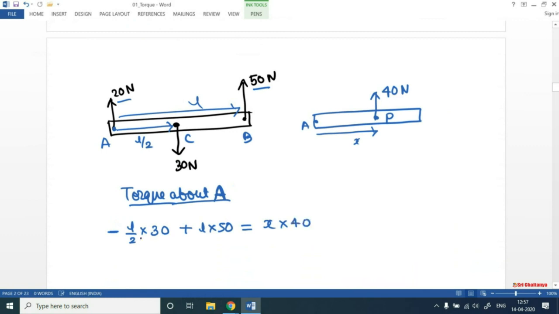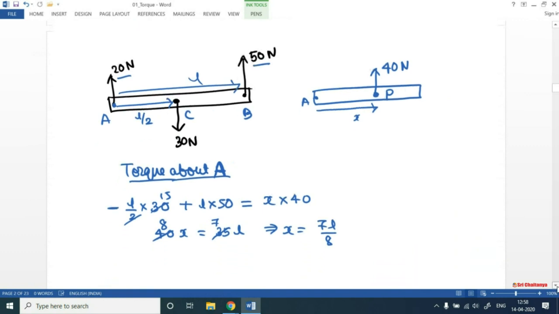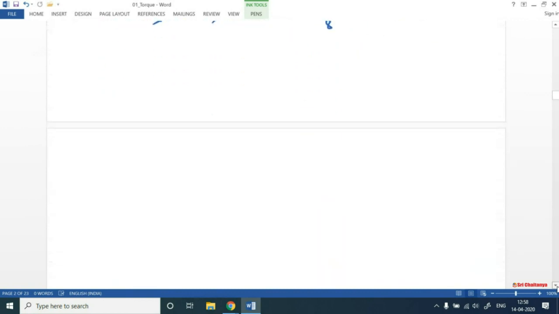So we can very well calculate: 40X is going to be 50L minus 15L, that is 35L. So X, I think you will be getting as 7L by 8. So the point of application would be located at a distance of 7L by 8 from A. So this is how you can find out the point of application of force.